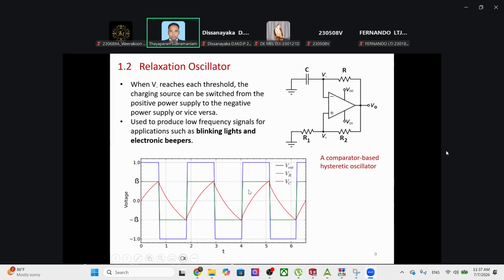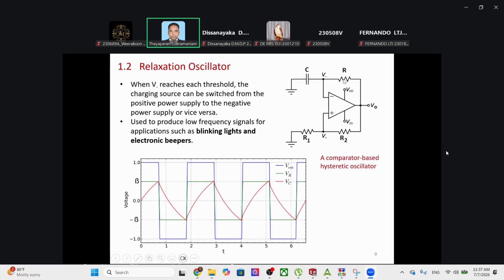Question: how do you change the charging and discharging time? If you look at this circuit, charging and discharging, because we are comparing the voltage V minus, charging happens through R and C, and discharging again happens through R and C. How can we change the path?